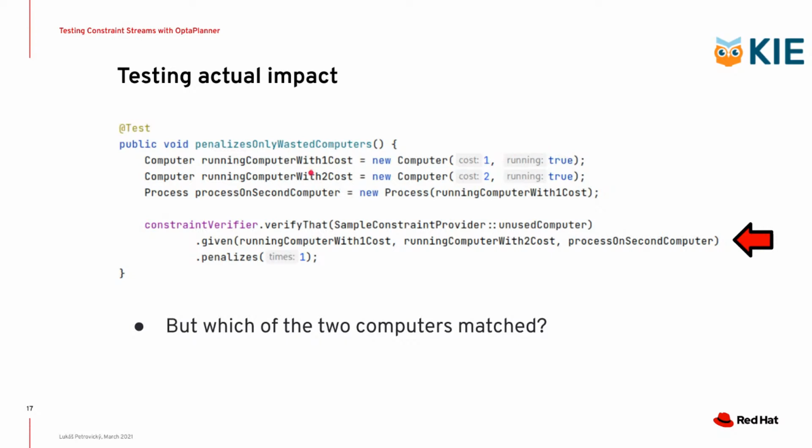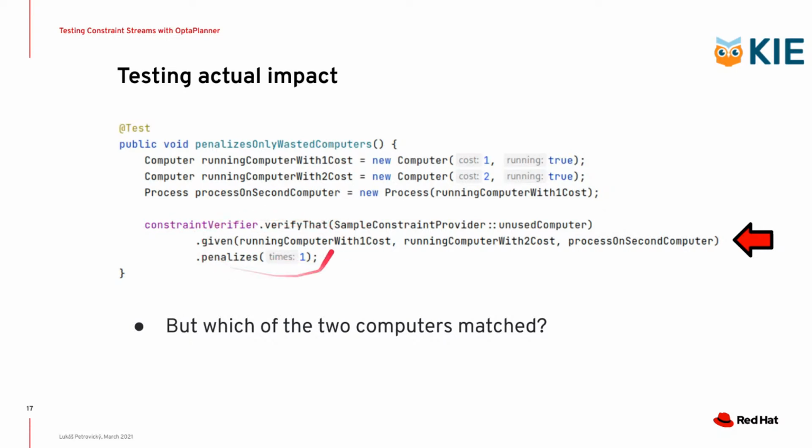But we also add a second computer with a cost 2 that is still running. And we also add a process on that second computer. So the second computer does have a process attached. That means it is not wasted. So it will not be penalized by the constraint we've seen, because the constraint we've seen only penalizes computers that are running without processes. So how do we distinguish that in the constraint verifier?